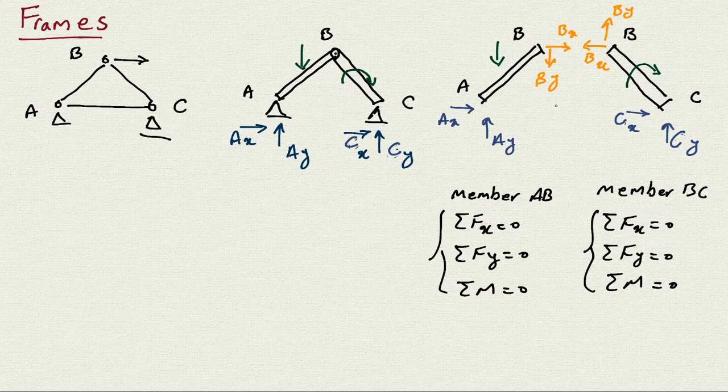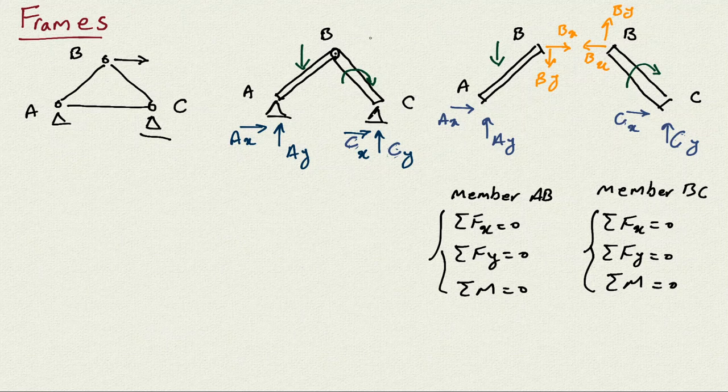So this is mostly the way we do it when we are dealing with a frame. We just disconnect the frame, and we have all the external forces, all the reaction forces, and then all the internal forces on each member. After that we start to write the equilibrium equations for each member, and then eventually solve all of them together.